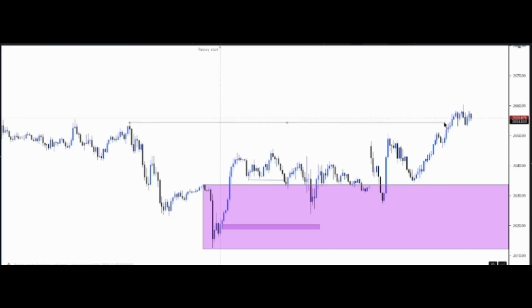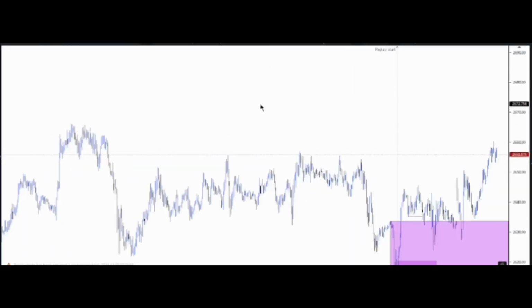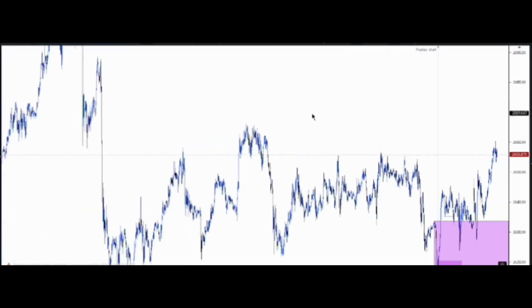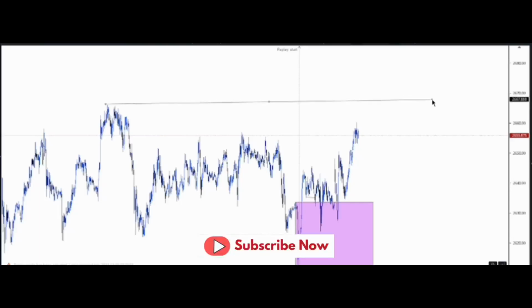Instead, we look for the second target. Our second target would be here, this one here.